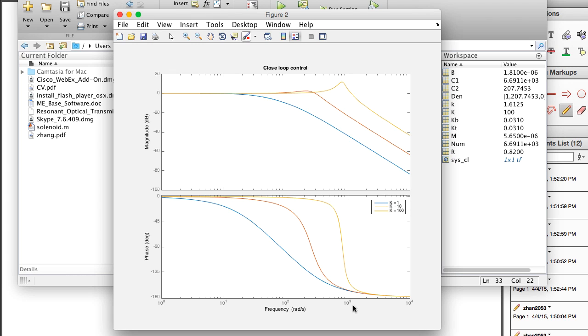If we change K, we actually change the behavior of this second order system, which makes sense, right? We start with something with no overshoot, more or less like a first order system. Then we get into second order system behavior, which has overshoot.